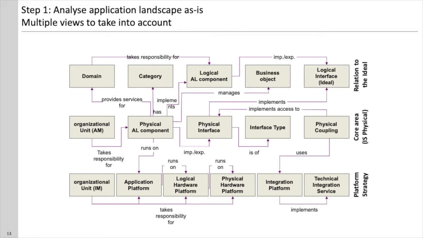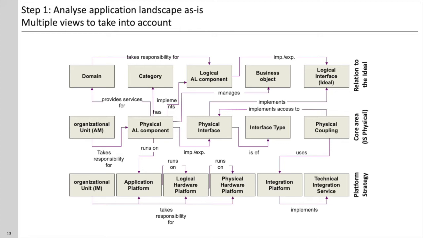And now on the lower level, this is where platform strategy comes in. Now we want to know more. We do not only want to know about the physical AL components, for example, we also want to know which application platform these components run on and which organizational unit is responsible for that. And maybe on which logical hardware platform the application platform runs, and maybe on what physical hardware platform the logical hardware platform runs.